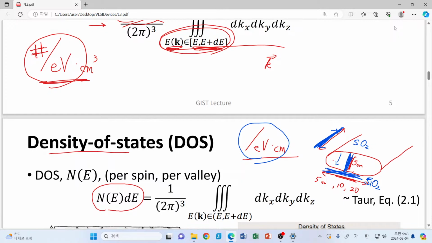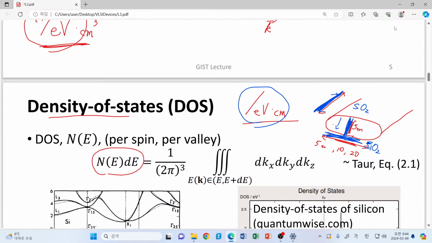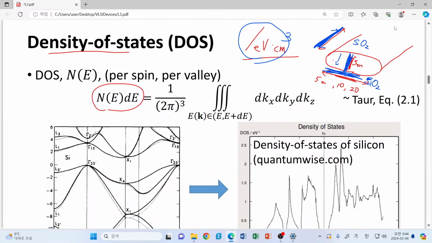Okay, but right now this is just a textbook lecture, so we will consider density of state having the unit like this. But once again, I wanted to say that density of state is frequently regarded as energy density.